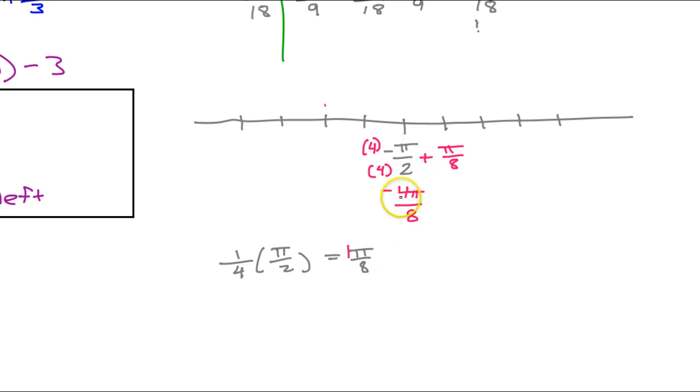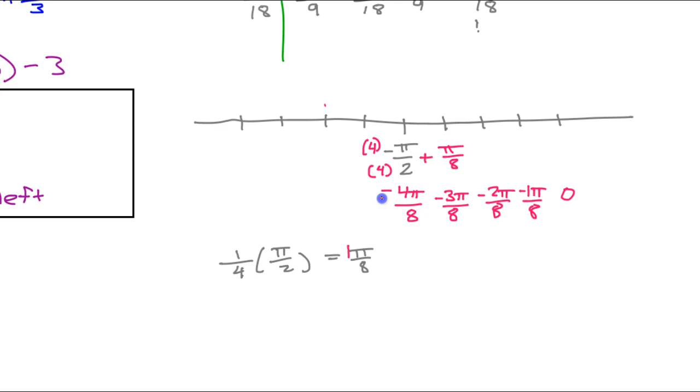So if I add 1 to negative 4, I get negative 3. So that's negative 3 pi over 8. If I add again, I get negative 2 pi over 8. The next one should be negative 1 pi over 8. And the last one should be 0.